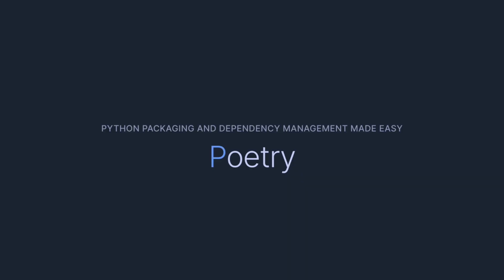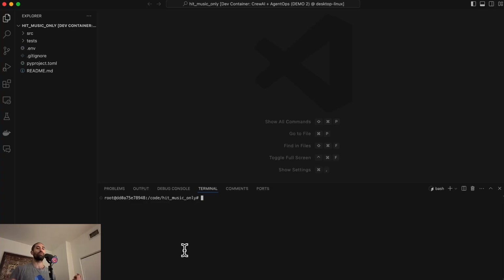Okay, we're back in the hit music only subfolder, right? So the present working directory is /code/hit music only. We're almost ready to run the crew, but we have to do one last thing before we do so. Because this code is based on the Python Poetry framework, we have to run the standard Poetry setup or install process.